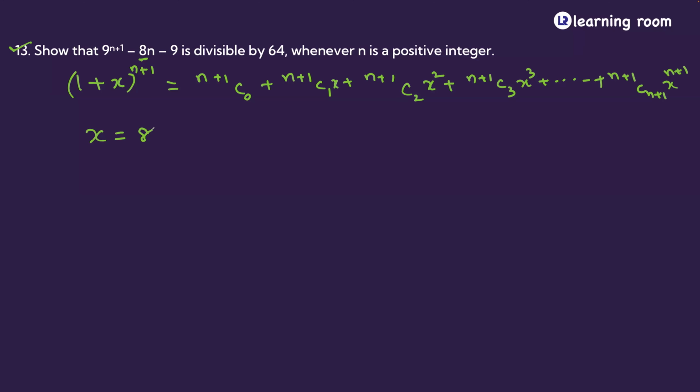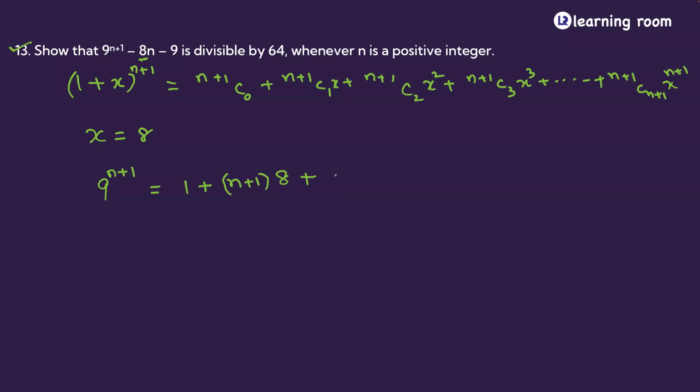So when you do that, you're going to have 9 power n plus 1 is equal to n plus 1 c naught, which is 1, plus n plus 1 c1, which is n plus 1 itself, into what is the value of x? It will be 8.